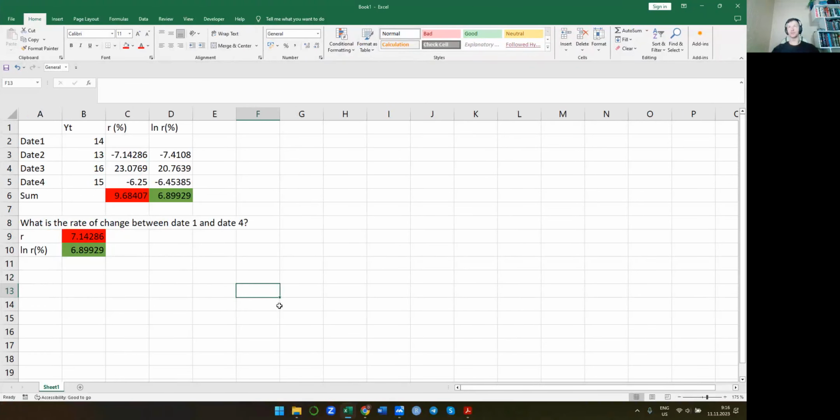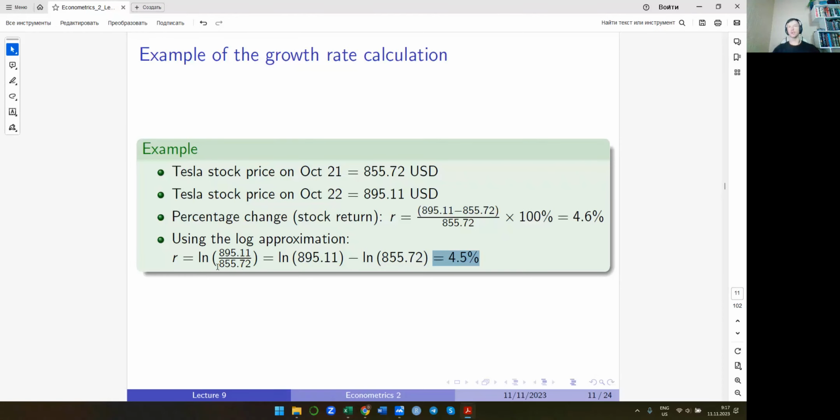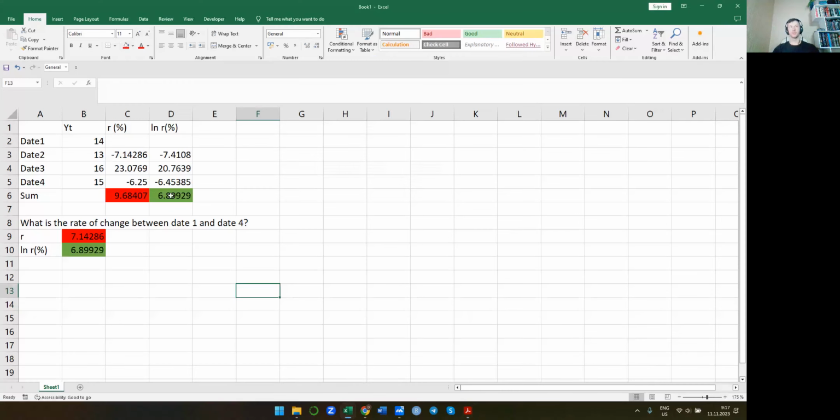So this is the reason why in many applications, when you work with time series, you will see the following definition of the rate of change. Instead of the normal, correct rate of change like this, you use the log approximation. So please remember, this is an approximation. This is not an exact way of computing the rate of change. Of course, the most correct way is this. But it has a nice property.